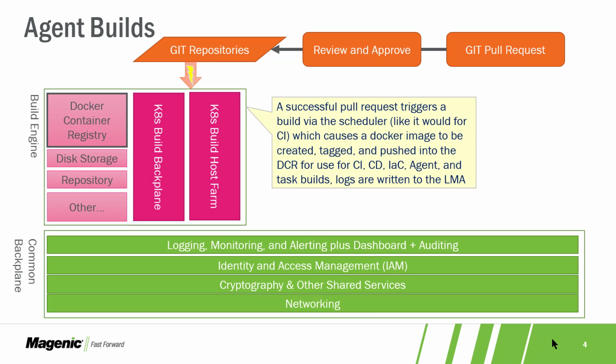And obviously, the very first time we stand up the system, the first thing that we have to do to seed the systems to support all the job types is manually create the Docker image creator and push it to the DCR, and manually create the scheduler metadata that goes with it, and the script which the scheduler will execute in association with this event, that there is a new Docker container that needs to be turned into an image.